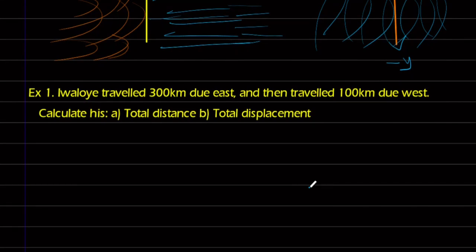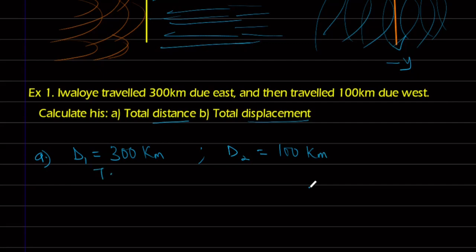As we know, distance is a scalar quantity while displacement is a vector quantity. So when dealing with distance, we don't need to consider direction. So D1 is 300 km, D2 is 100 km. Since it is distance, we are not interested in the direction.